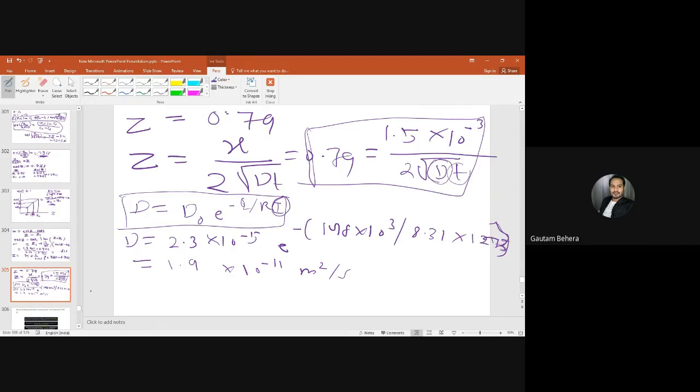So now I can write Z is equal to 0.79, that is equal to 1.5 into 10 to the power minus 3 divided by 2 square root of D, already we obtained this, 1.9 into 10 to the power minus 11, into t.